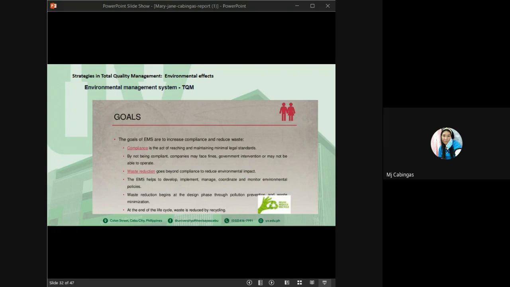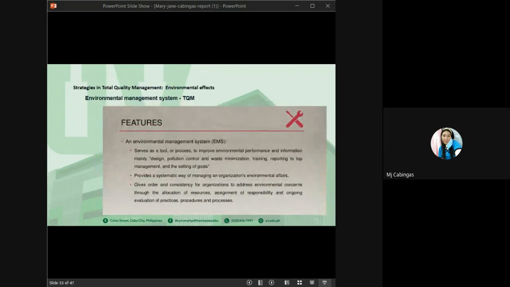So features. The features of EMS serve as a tool or process to improve environmental performance and information, mainly design, pollution control and waste minimization, training, reporting to top management, and setting goals. And then it provides a systematic way of managing environmental affairs.